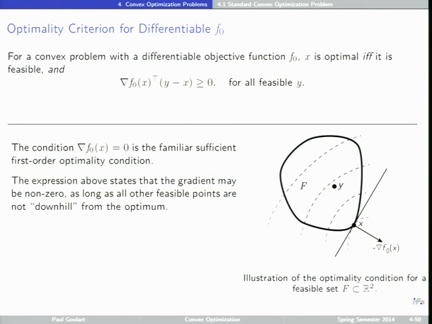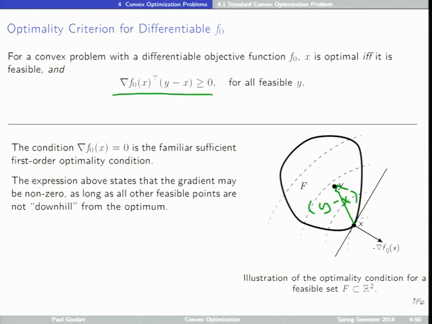Okay, so if I draw here a line like this, this vector is y minus x. That's the vector pointing from x to anywhere else inside the set, and that has to be facing in the opposite direction of the downhill. And that's what this condition says right here.